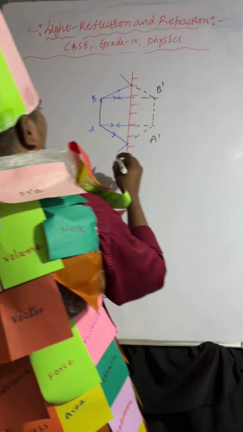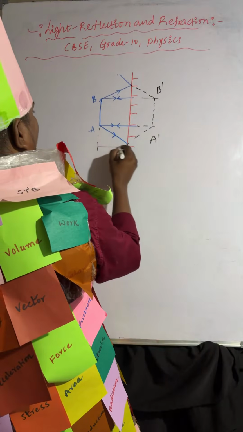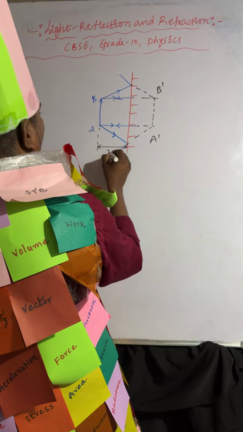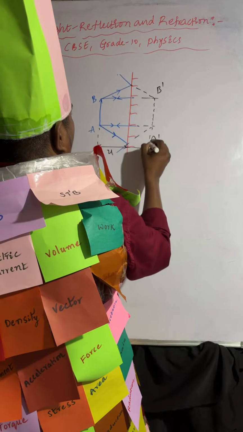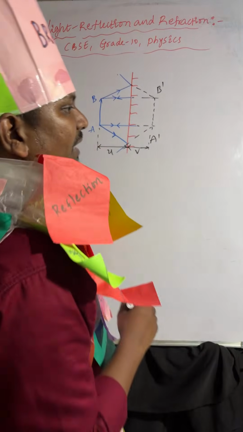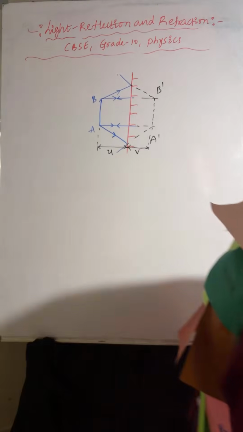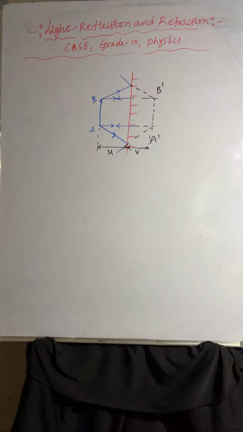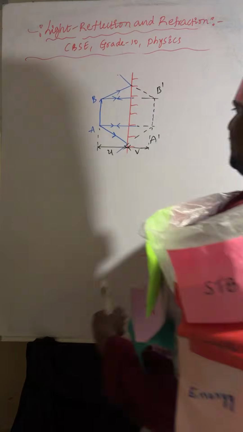Now from this we can conclude that. Here the distance between object and mirror is called object distance. The distance between mirror and image is called image distance. And height of the object is equal to height of the image.